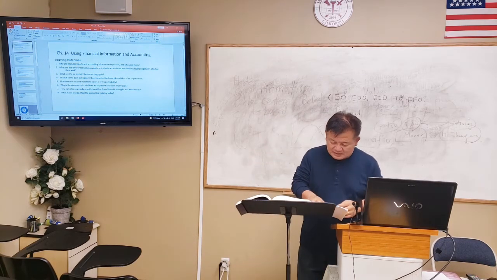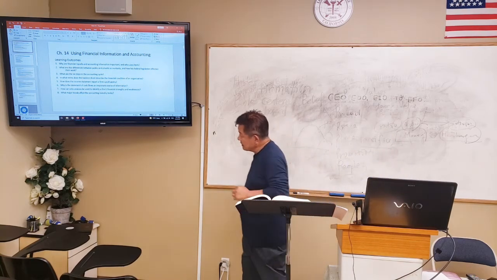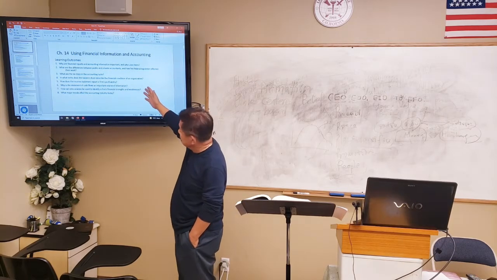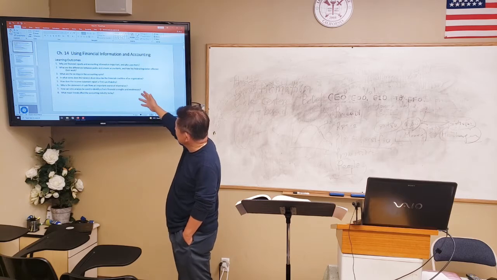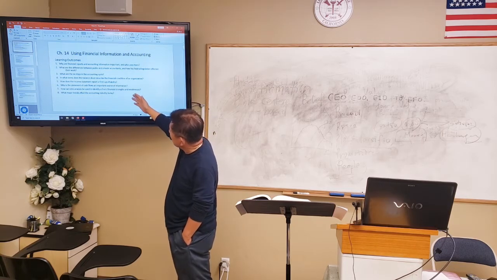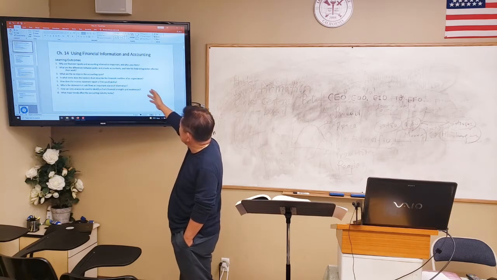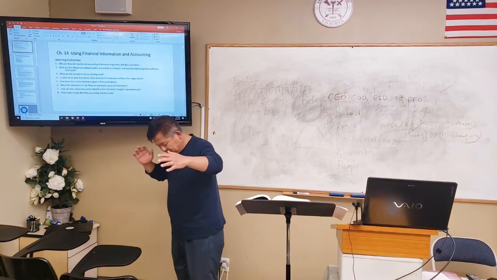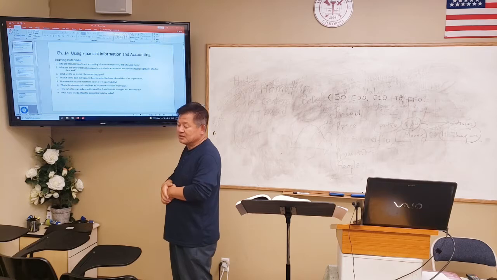Also, this chapter has learning outcomes. After class, you should be able to answer these questions. First: why are financial reports and accounting information important, and who uses them? As you know, there is now a lot of financial information in the market.